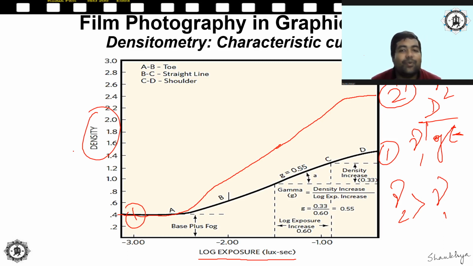This is precisely why an image is automatically encoded with a gamma when we take a photograph in our digital camera or our phone.